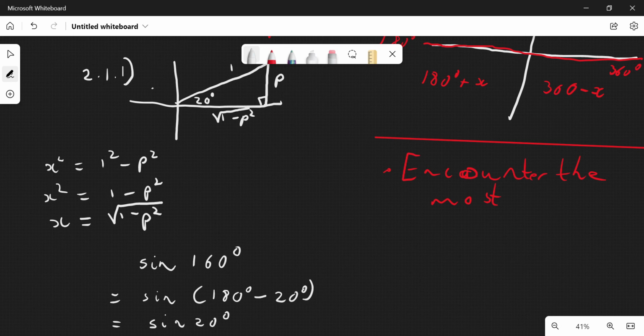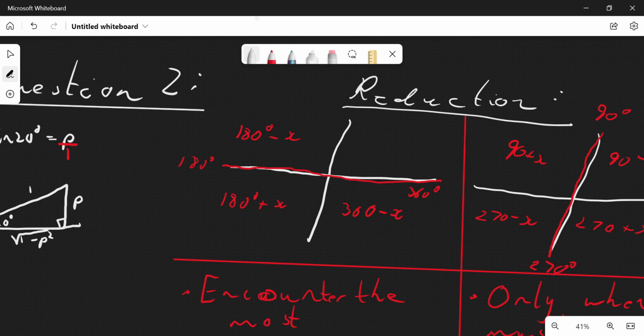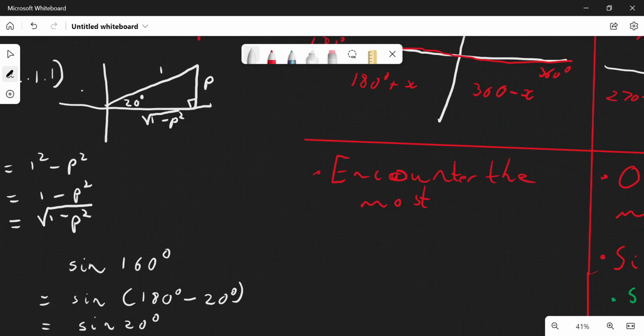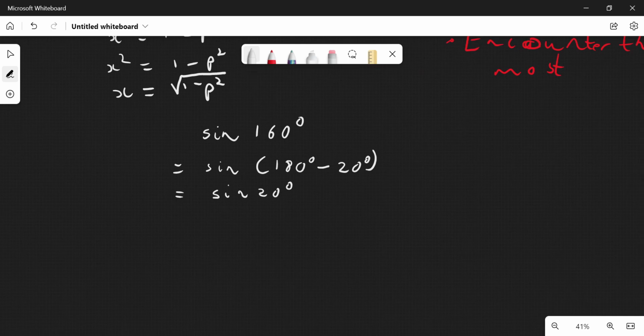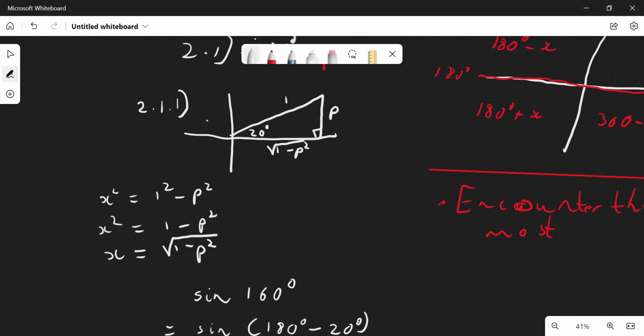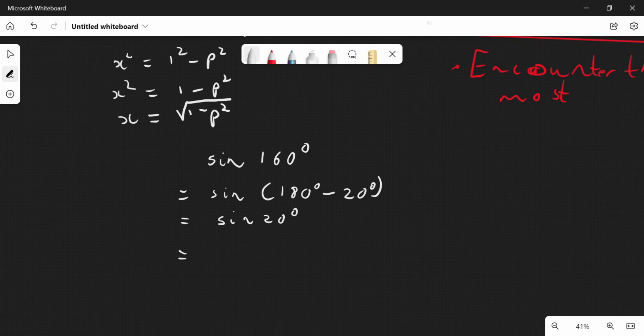So this is that normal reduction we were doing here, the one you most encounter. With our normal reduction there, I would then say sine 20 is a value I know. Sine 20 is p over 1, which is p. All right, so that's how you deal with this question.